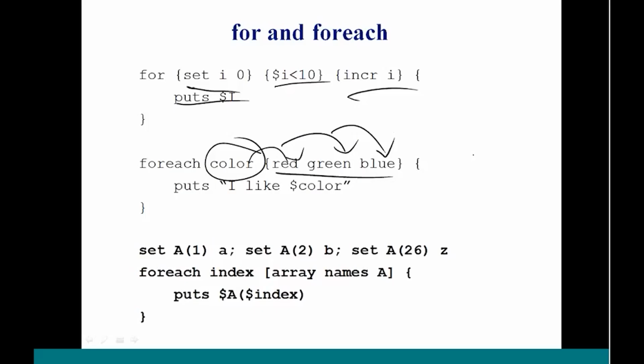So foreach color red, green, blue, puts I like $color, so it basically puts I like red, I like green, I like blue. So three statements. Now there is another one, which is set A1 as A, A2 as B, through A26 as Z. Assume that everything in between is also set somehow. Now foreach index, array names A, puts A and then the index.